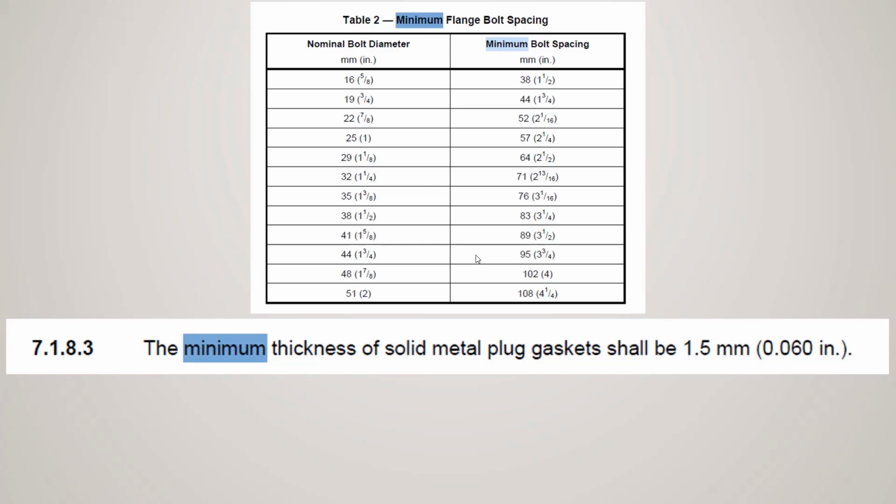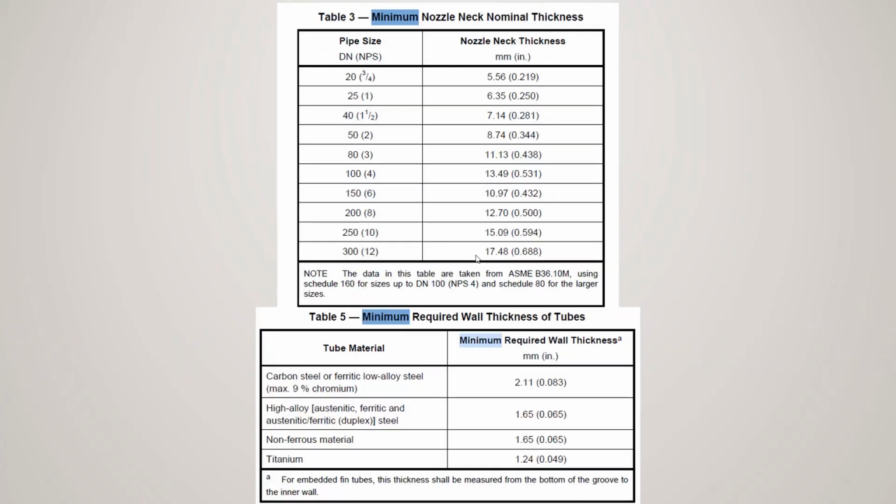And next is the minimum thickness in the case of a plug type tube bundle, and the minimum thickness of a plug gasket is 1.5 mm. And this is a table of minimum nozzle neck thickness. This is derived from ASME B36.10M.